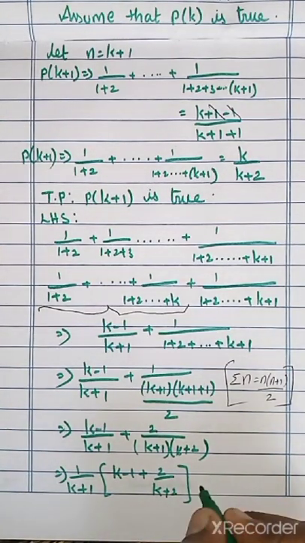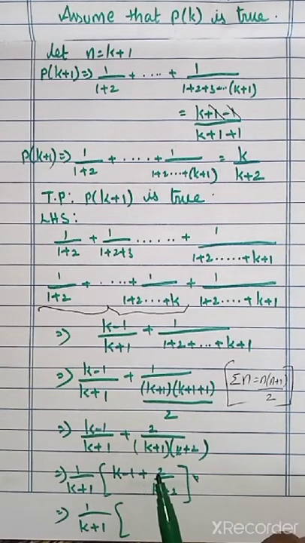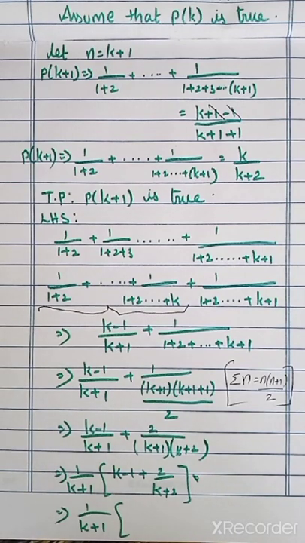Okay, again if we simplify this, 1 by k plus 1 and k plus 1, k plus 2, k minus 1, yes. So we have to simplify this: k minus 1 into k plus 1.